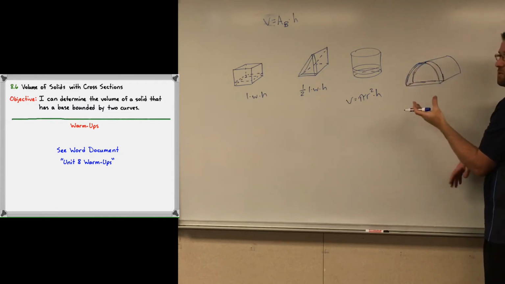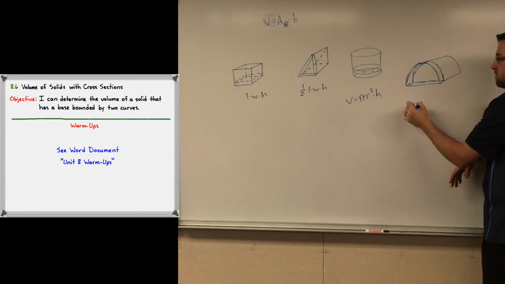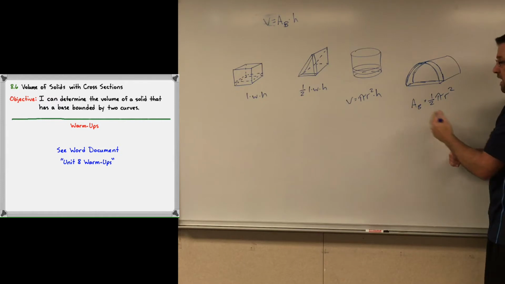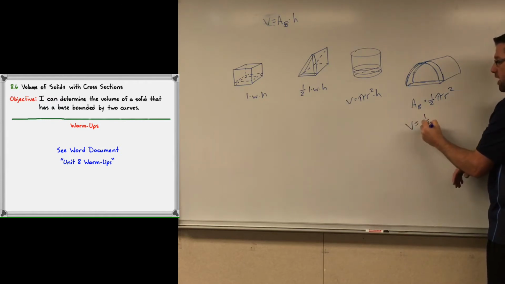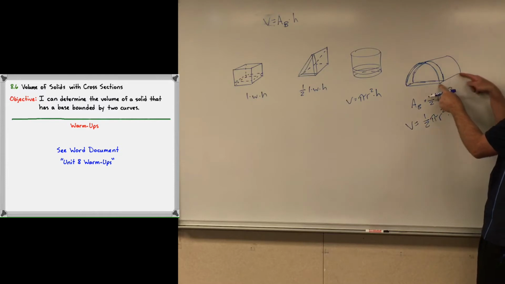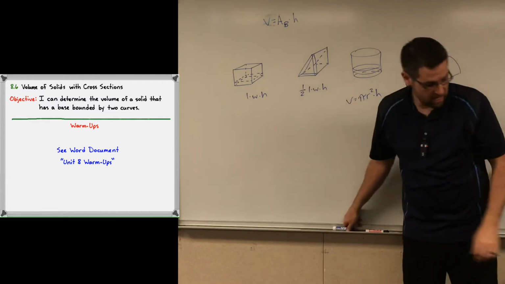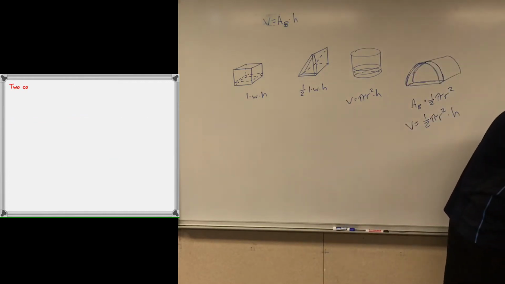You find the area of the base. What's the base? Half a circle. So the area of the base is 1/2 pi r squared because it's half of a circle, right? And so the volume would be 1/2 pi r squared times height. And the height is represented by that length, right? Okay? So you have to think of what we're doing today in that context.